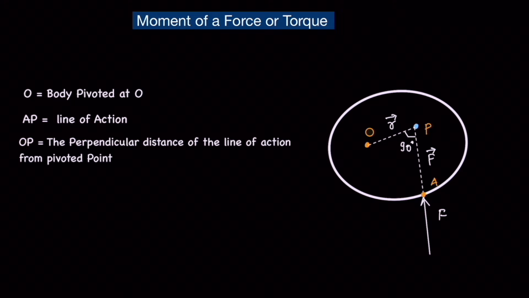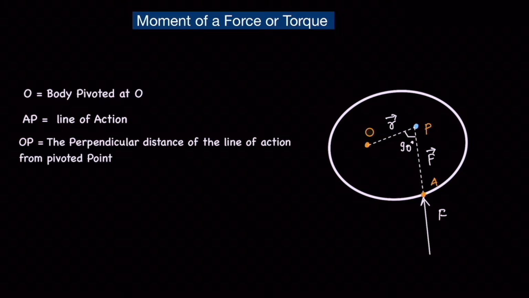As you see in this figure, this is the fixed point, or a pivoted point. It means the body is not changing its position. Body position is fixed, and here we are applying a force on this body. AP is the line of action because in that direction the force is acting.